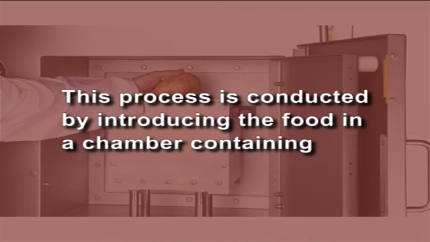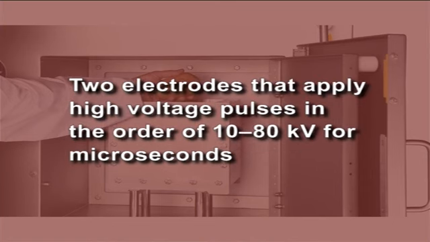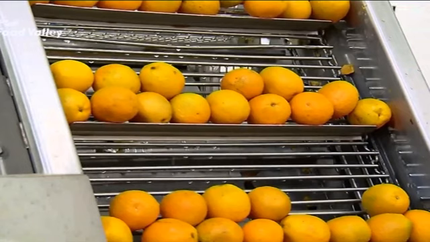This process is conducted by introducing the food in a chamber containing 2 electrodes that apply high voltage pulses in the order of 10 to 80 kilovolts for microseconds. Studies have been reported in apple and peaches. PEF treatment also induces changes in secondary structure of PPO and peroxidase.